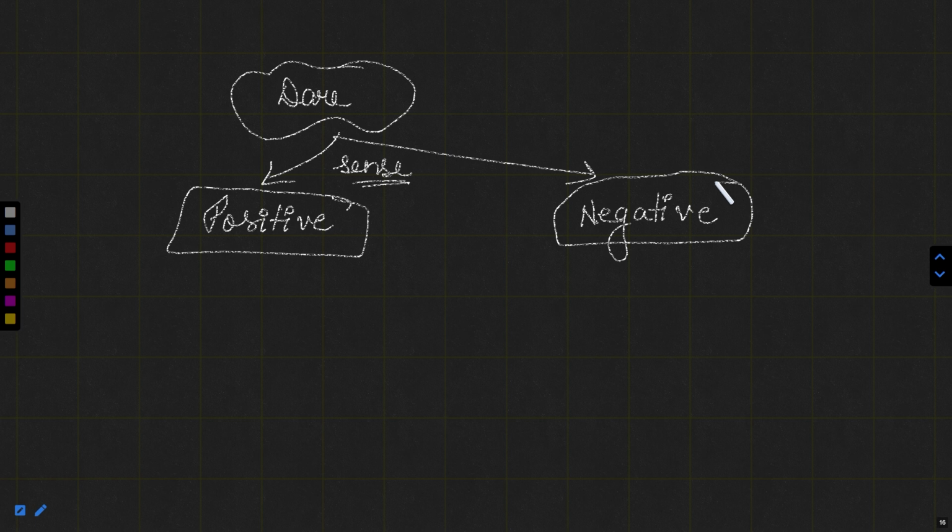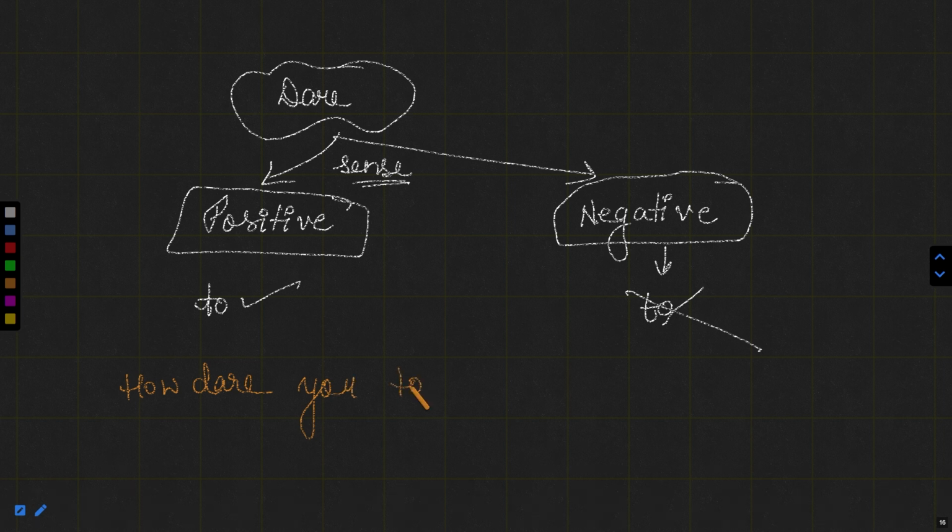Now, if the sense is negative, we will not add "to." But if the sense is not negative, it is positive, we will add "to." For example, if I say, "How dare you to touch my bag?"